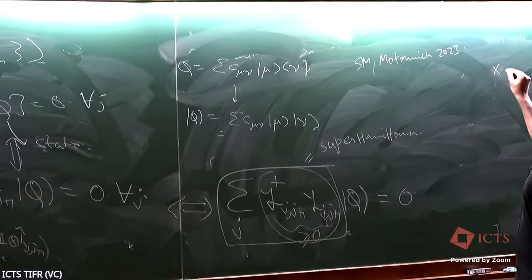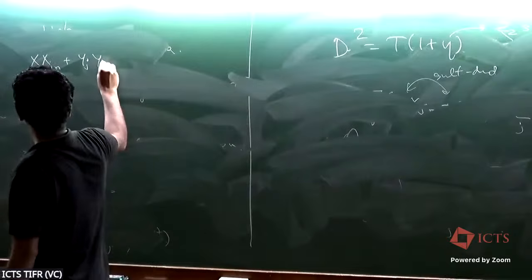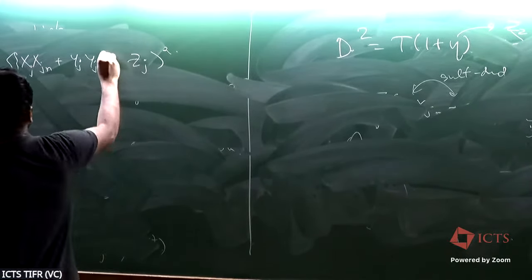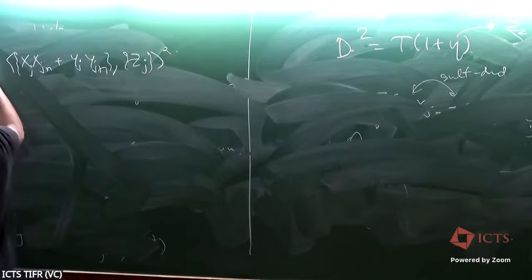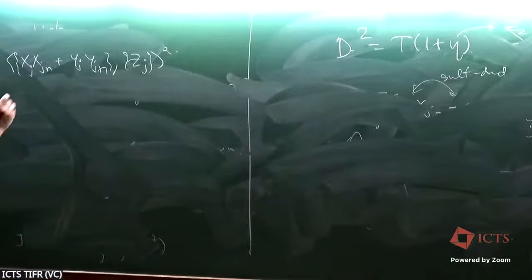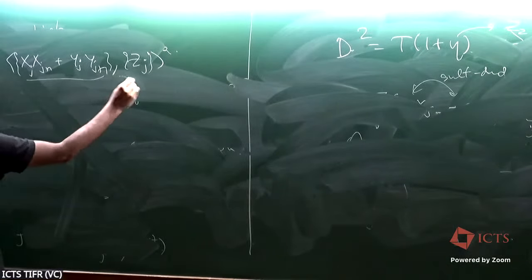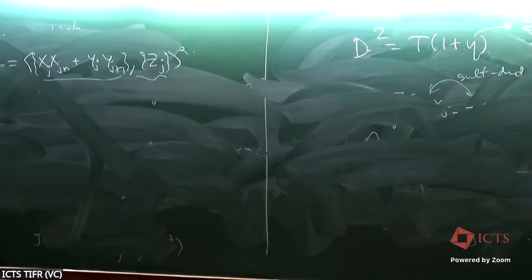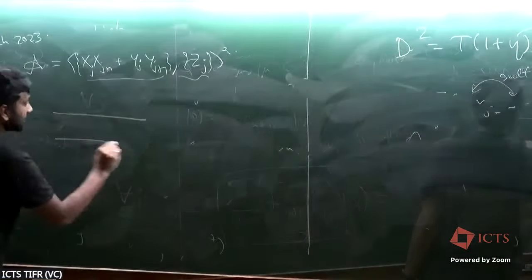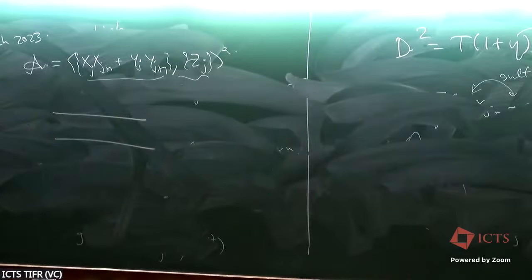Suppose I take X_j X_{j+1} plus Y_j Y_{j+1}, and Z_j as my bond algebra. Now, the commutant of this is the U(1) symmetry, but suppose I did not know that and I want to go through this route to solve things. So I construct the Liouvilleans from these terms. Liouvilleans are just H tensor identity minus identity tensor H, so I can treat it as an operator on two copies of the Hilbert space.